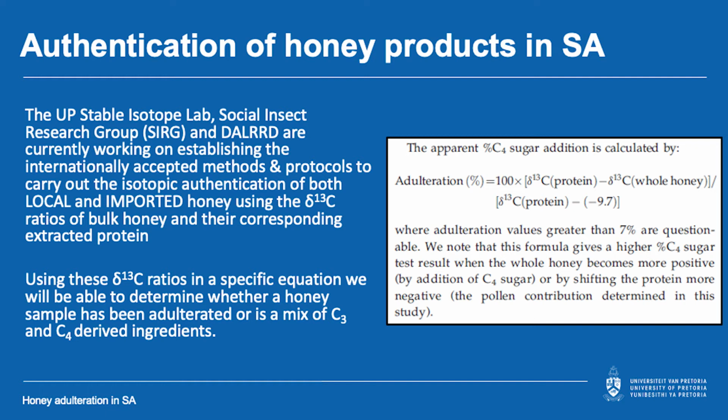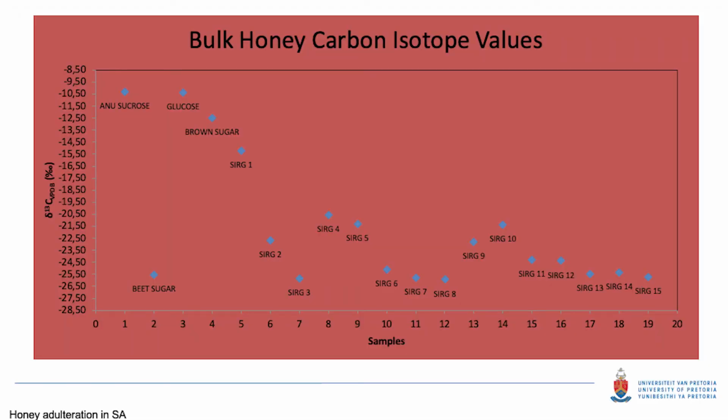There has been a little bit of work done in 2014 at a lab in South Africa, but unfortunately that isotope facility is no longer operational. Here on the screen we have some real-time data based on the analysis of a number of samples that we've done at the University of Pretoria lab.